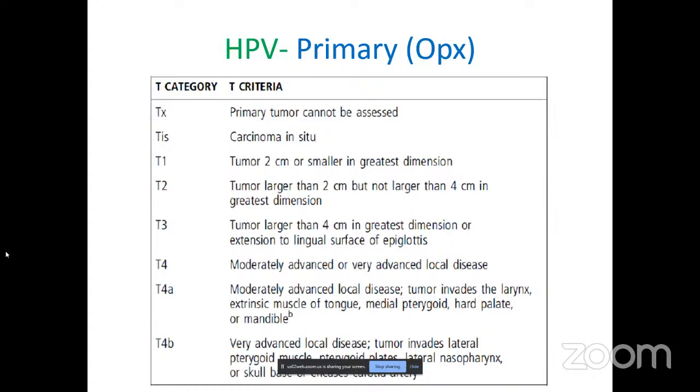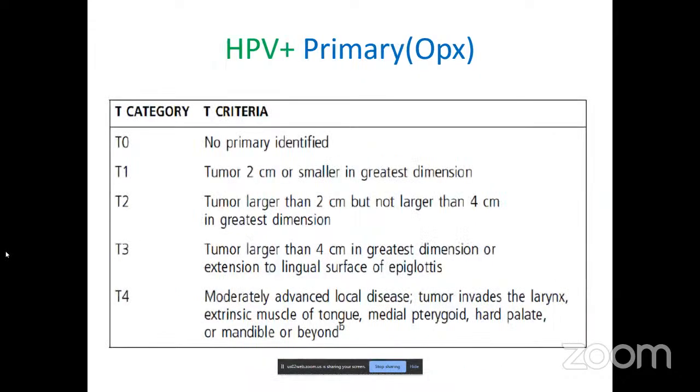For HPV negative, T1 is up to 2 centimeter, T2 is 2 to 4, T3 is more than 4, T4 is divided in 4A and 4B, that we all know. For HPV positive tumor, there is no 4B as such. So even if it is very advanced T4, it has a similar outcome like T4 in HPV negative oropharyngeal CA.